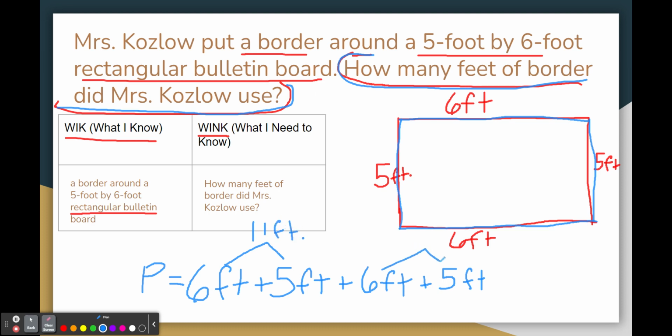So I'm going to do that with both of my side lengths of 11 feet. So this is going to give me 11 feet plus 11 feet, which gives me 22 feet. So Mrs. Cowslow used 22 feet of border for her bulletin board.